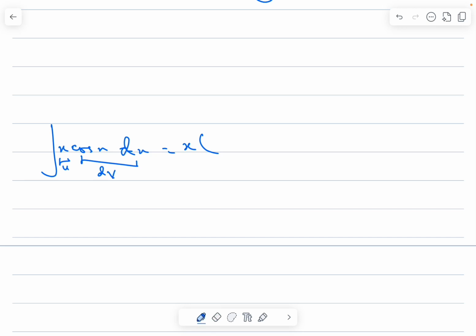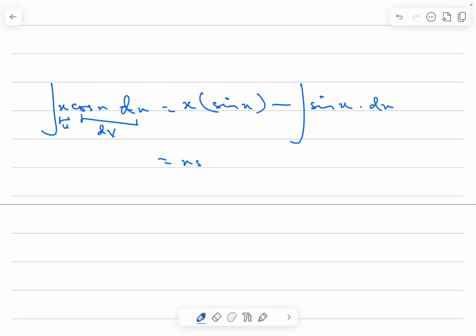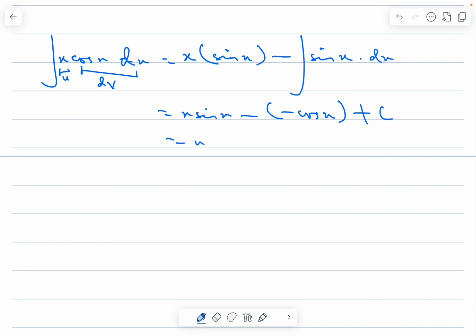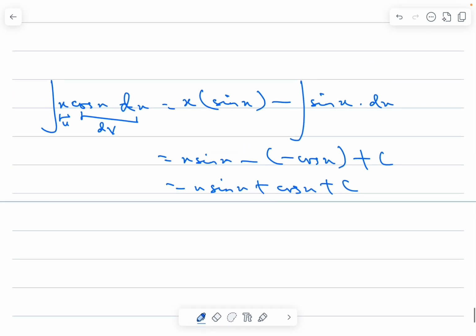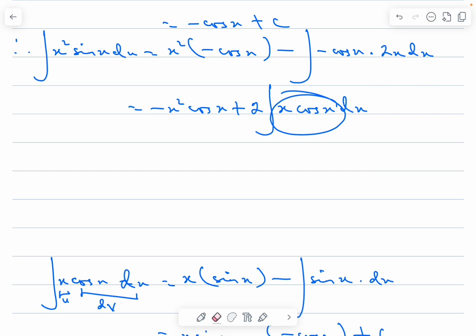If dv is cos x dx, that means v is the integral of cos x, which is sine x, minus the integral of v du, which is sine x, and du, if u is x, du will be dx. So that simply means x sine x minus the integral of sine x, which is minus cos x plus c. And that's finally x sine x plus cos x plus c. So that's the integral of x cos x.